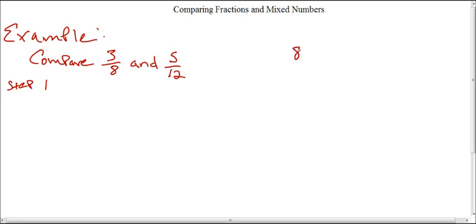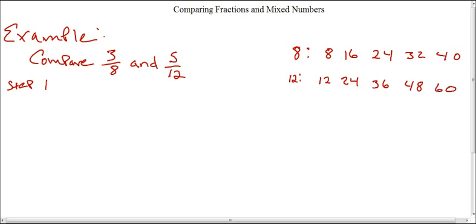So if we use 8 first, we have 8, 16, 24, 32, 40. Okay, we'll stop there. For 12, we have 12, 24, 36, 48, and 60.